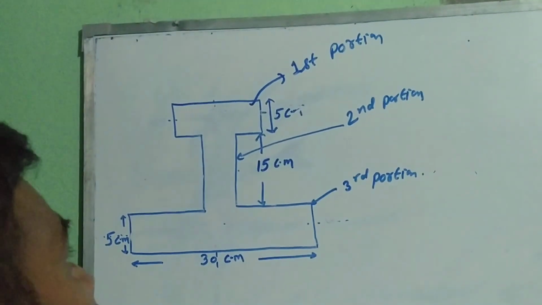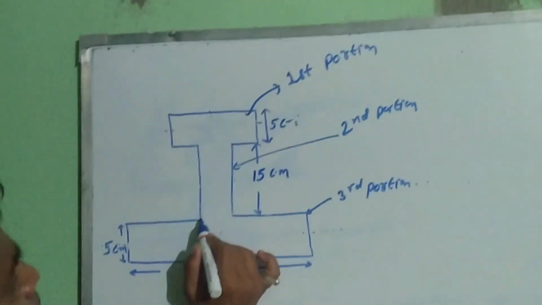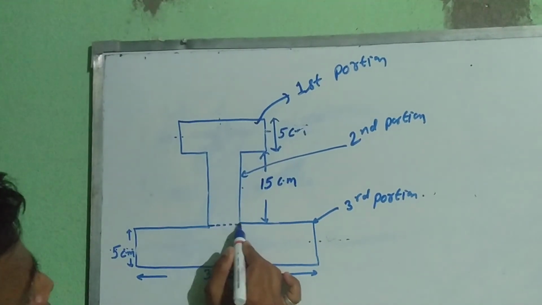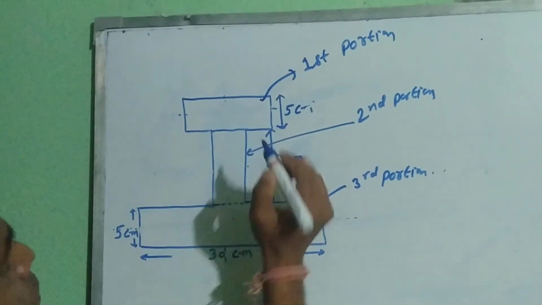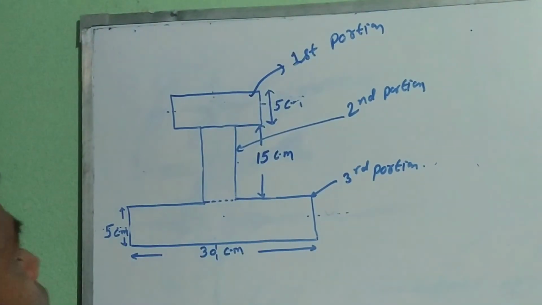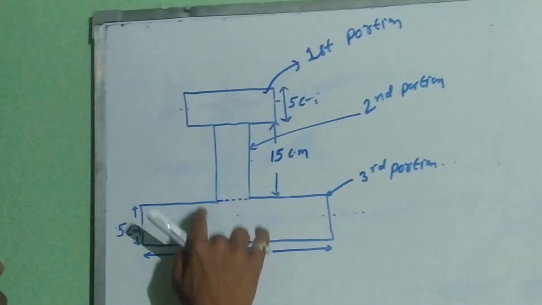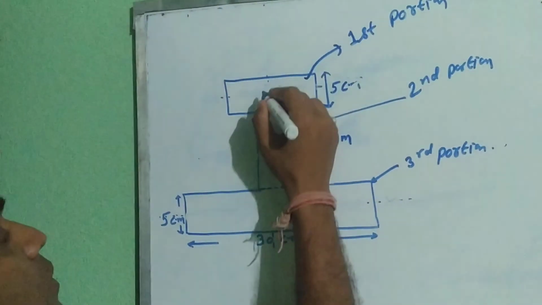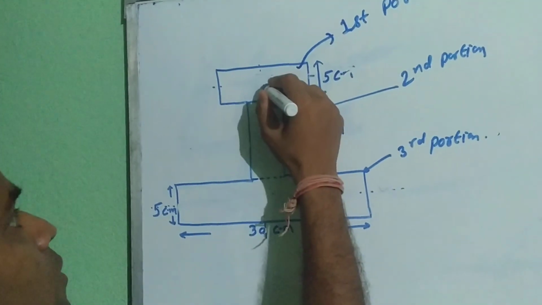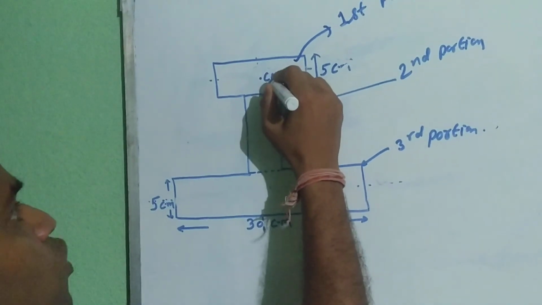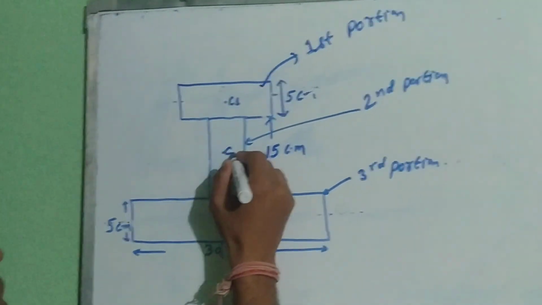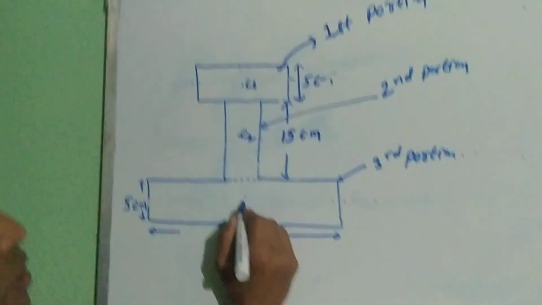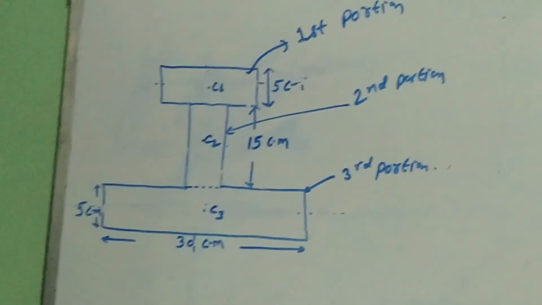Okay, three parts now. First part, second part, and third part. Let this one be C1. C1 is the centroid of the first portion, C2 is the centroid of the second portion, and C3 is the centroid of the third portion.